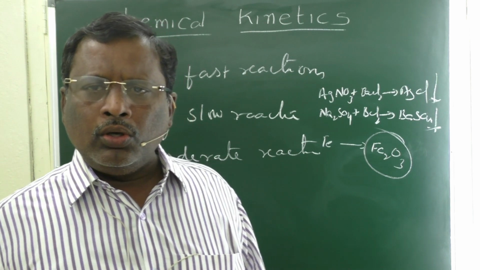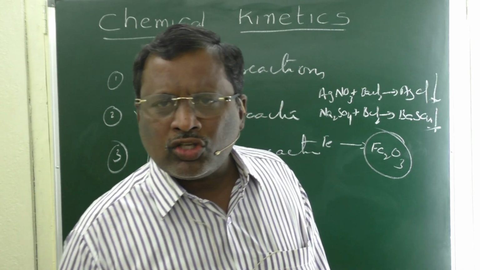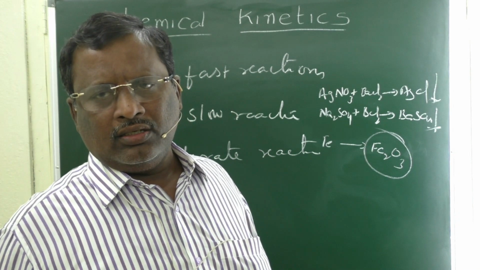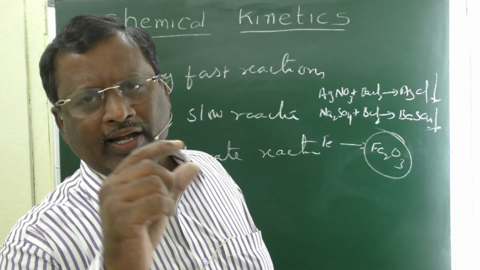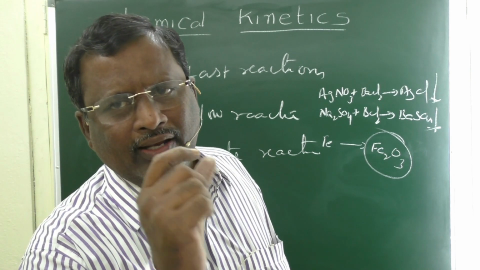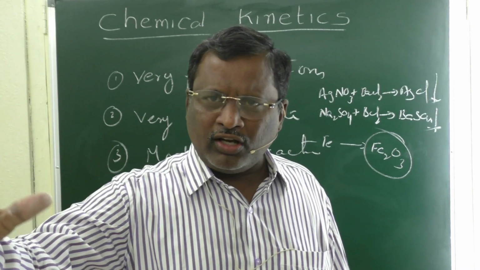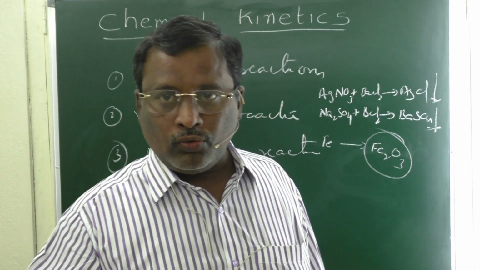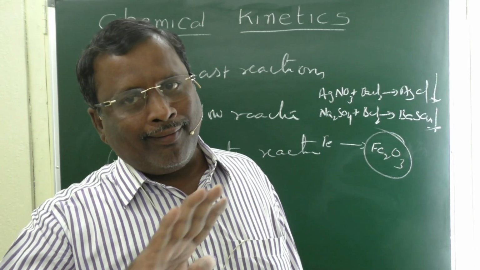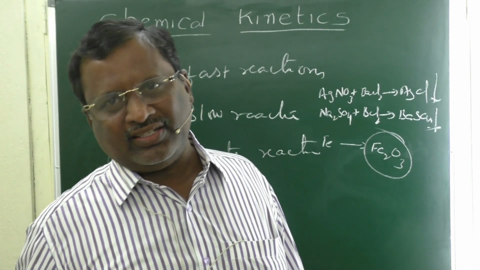So kinetics means studying the influence of influencing factors over the rate, or the speed, of a chemical reaction. Now if the reaction is very fast or very slow, you cannot study the influence of influencing factors.